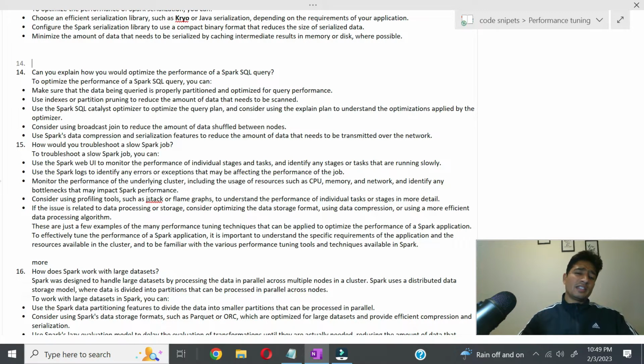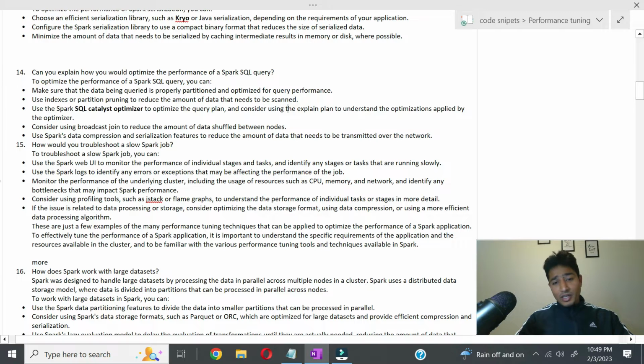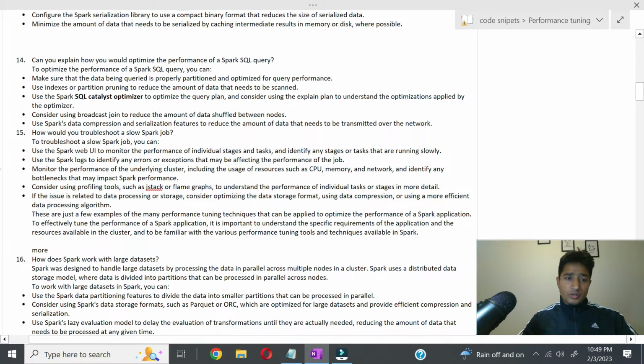Use indexes or partition pruning to reduce the amount of data that needs to be scanned. Use the Spark SQL Catalyst Optimizer. Catalyst Optimizer is a question which people can ask, so I'll highlight it and we will be covering it later. Use it to optimize the query plan and consider using explain plan to understand the optimizations applied by the optimizer. Use broadcast join, and you can use Spark data compression to reduce the amount of data that needs to be transmitted over the network.